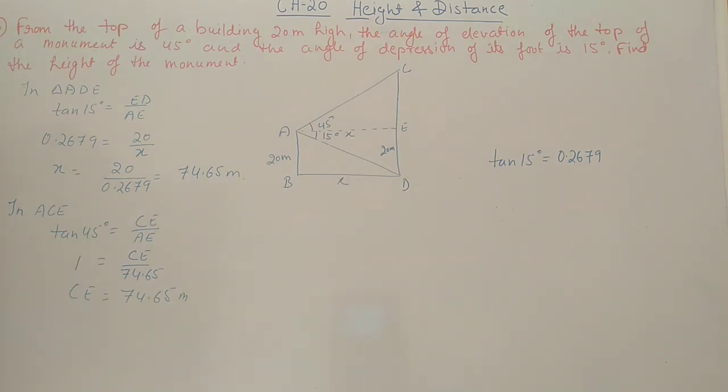So height of monument will be CE plus ED. CE is 74.65 and ED is 20, so it will be 94.65 meter.